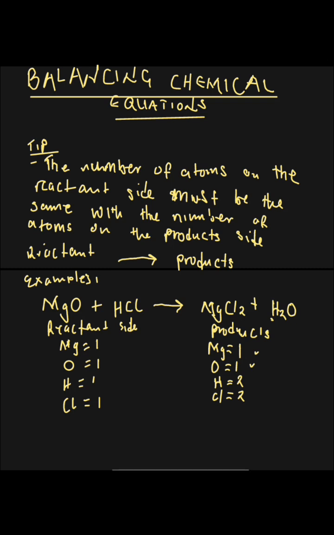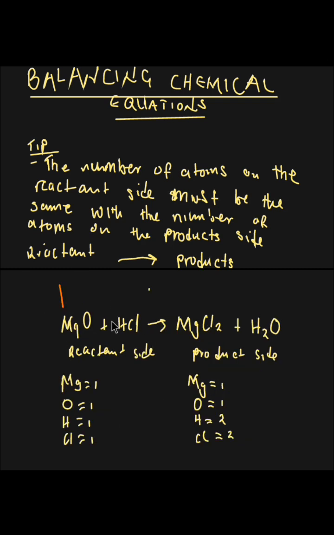the smallest number that will help us ensure that we have the same number of atoms here on the reactant side and product side. So if you start with 1, so here 1 does not make any difference because we are not adding.